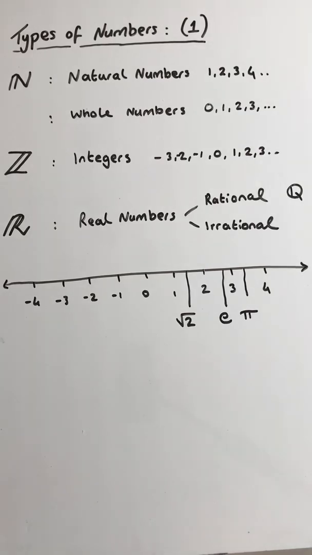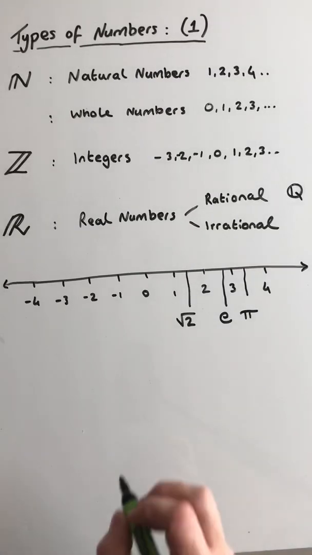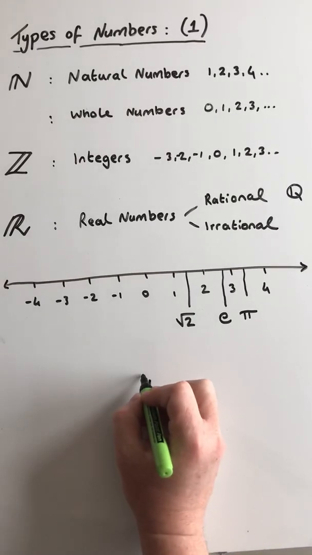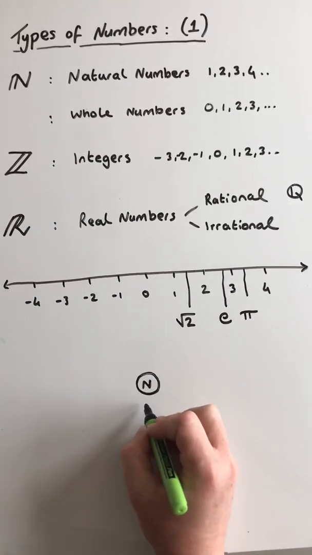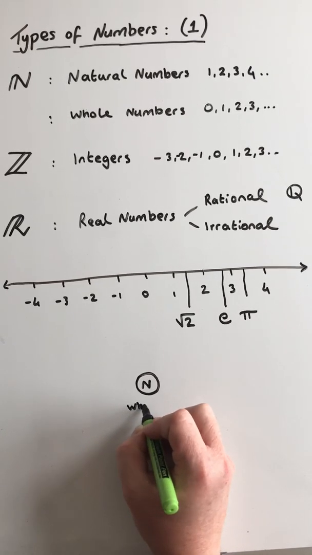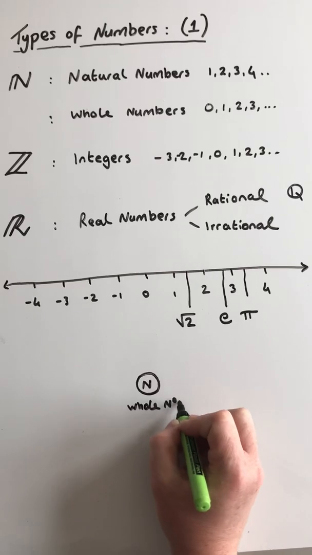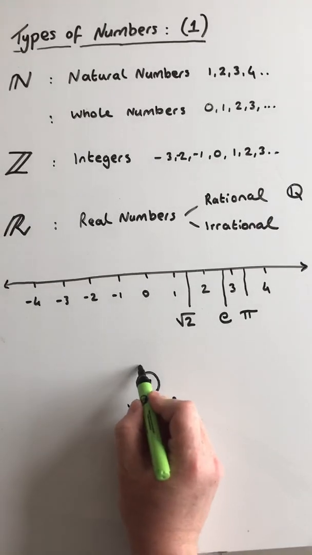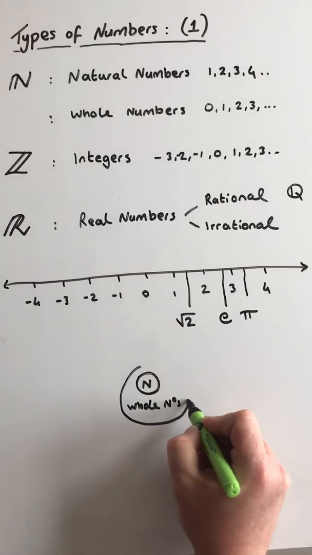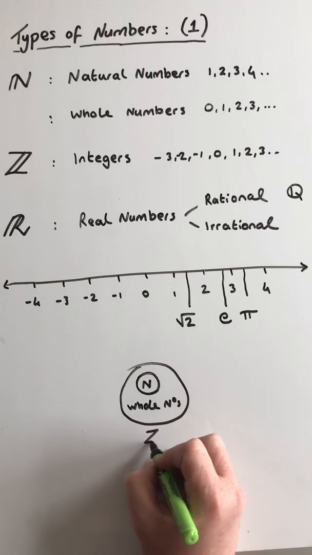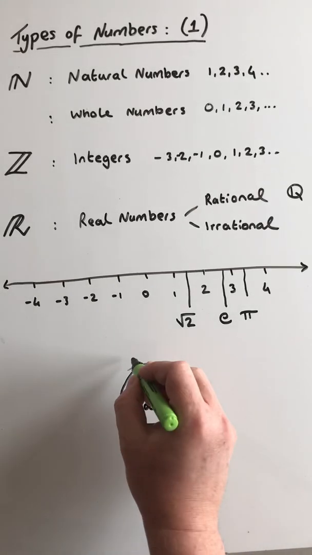Okay, so we can think about this introduction with our natural numbers. Let's draw a wee ring round that. Our whole numbers. Okay, so there's not necessarily a symbol for that. Put a ring round that. Our integers. Put a ring round that.